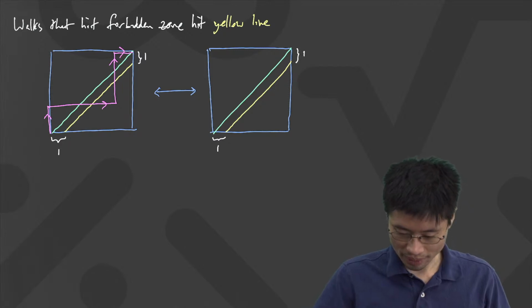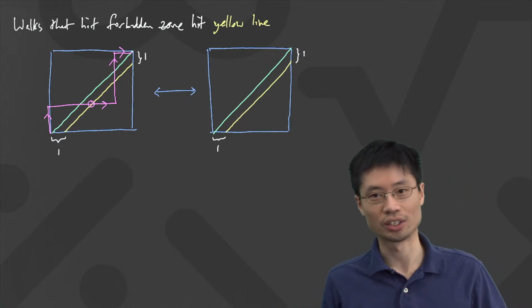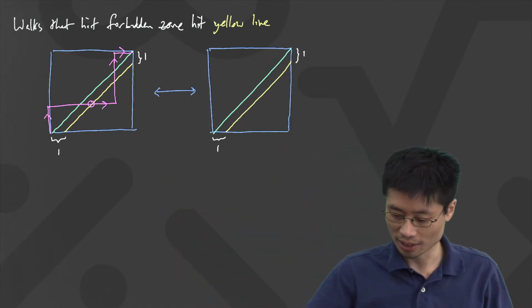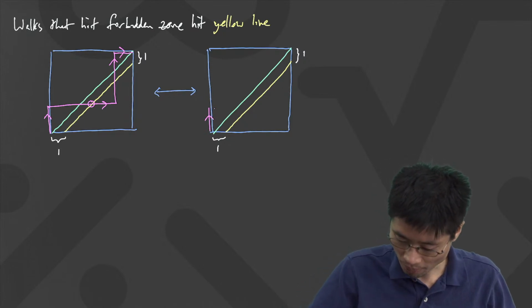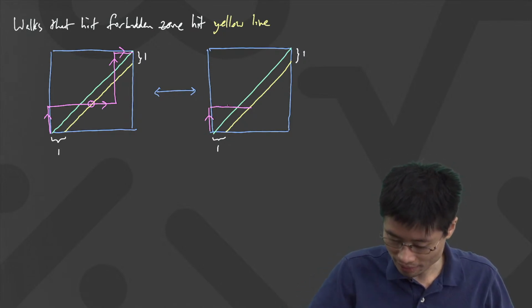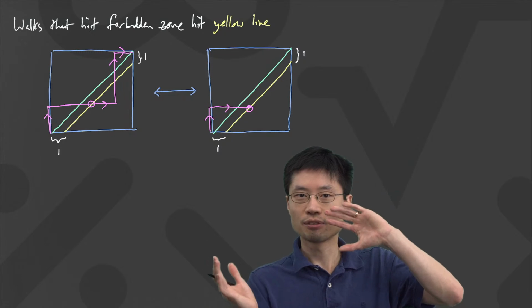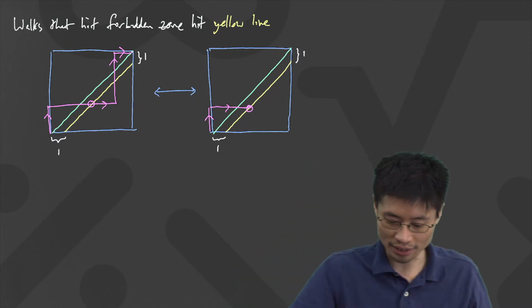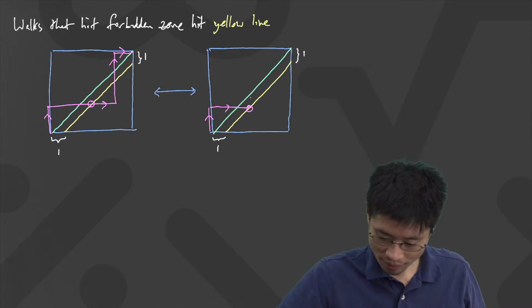But now, what's going to happen is after the first moment when I hit the yellow line, because there is some time that I hit the yellow line, the rest of it, we do a flip. We reflect the rest over the yellow line. So I'm going to draw exactly the same picture here. I went up, I went across, but now I hit the yellow line. And from now on, I just will flip everything across the yellow line. Does that make sense? I'm going to reflect it across the yellow line, and just to contrast, maybe I'll use some white color. So if I reflect across the yellow line, that's where the next thing is going to hit.